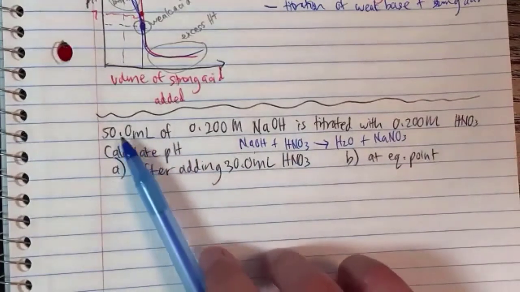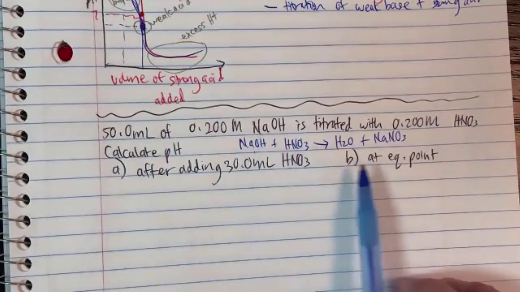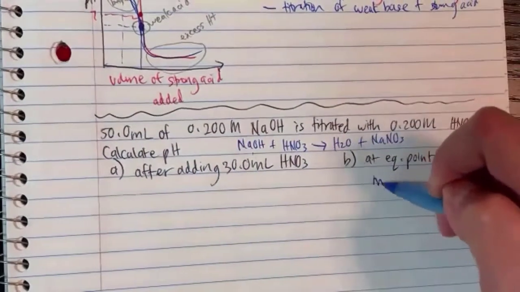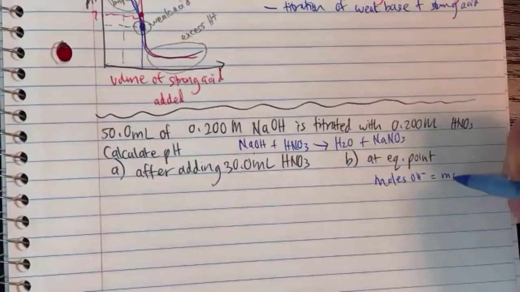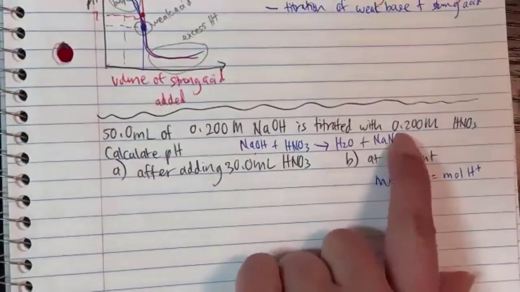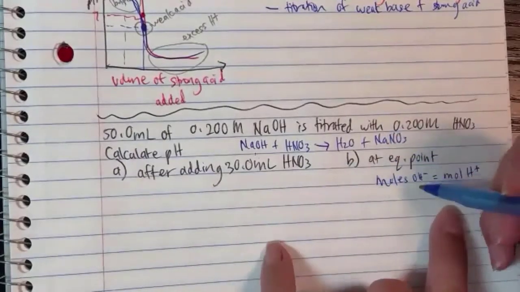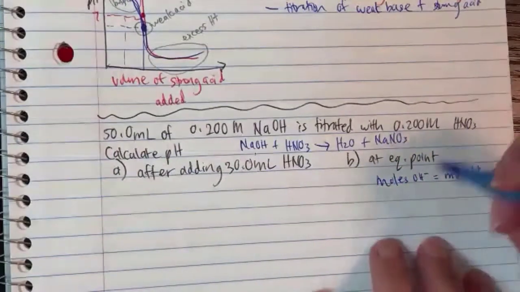Okay? So the mole ratio is 1 to 1 here. That means if you have 50 mils of 0.2 NaOH, for you to get to the equivalence point, moles OH equals moles H, right? So you would need how many mils of 0.2 of the acid? You would need the same amount. So you don't really have to calculate this.